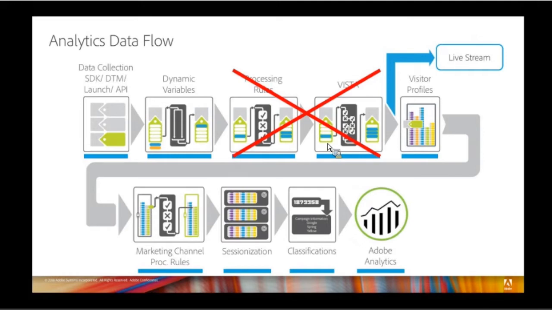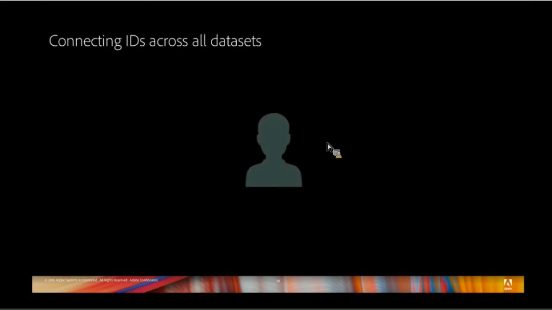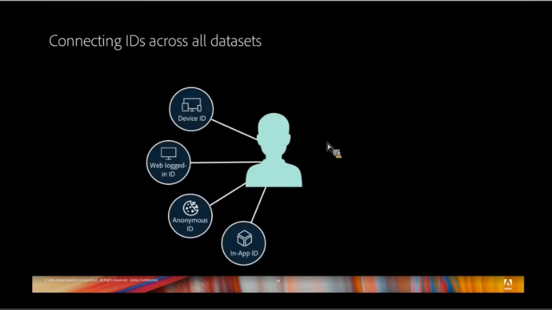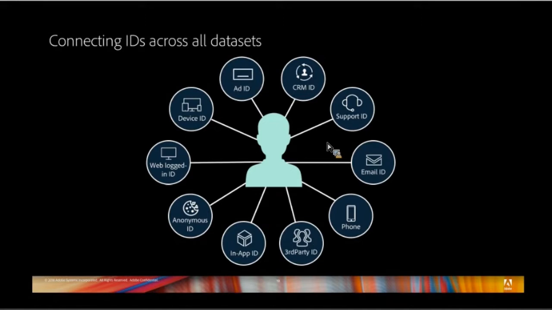One thing to keep an eye out for is on the web, since you have a much easier method for looking at the default way in which data is collected by sniffing the server call or looking at the beacon in your dev tools or within Charles, etc., I recommend against using processing rules and VISTA rules.